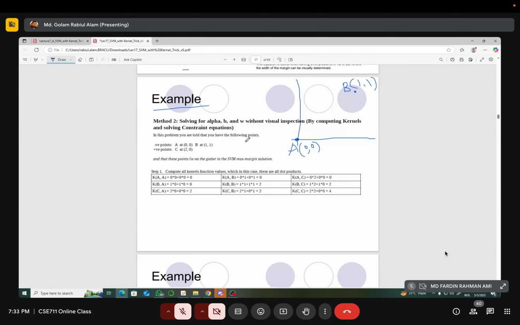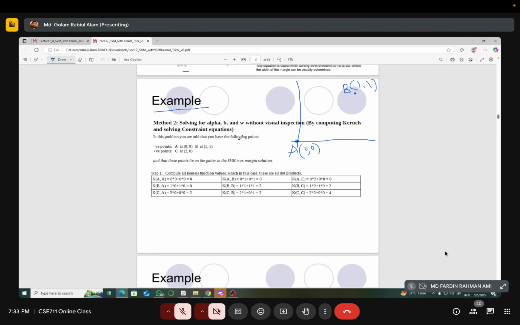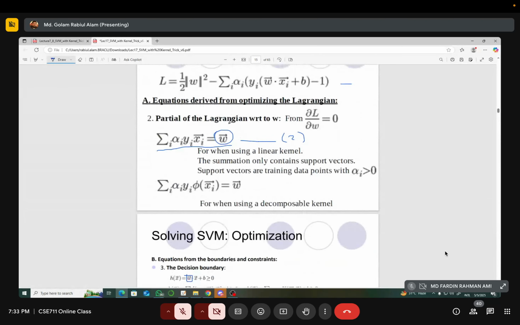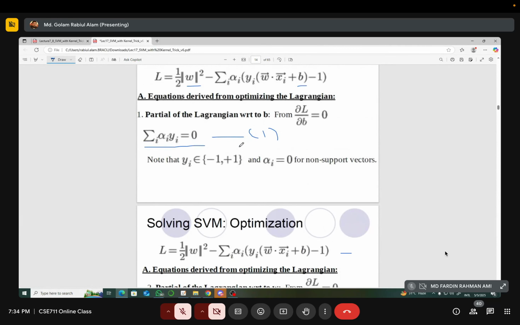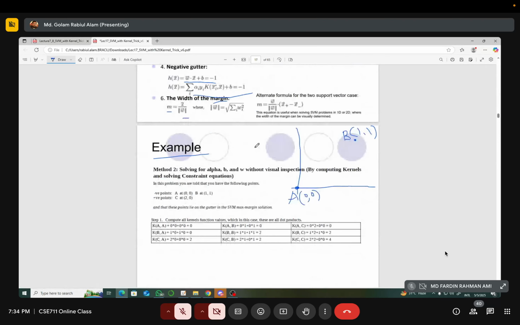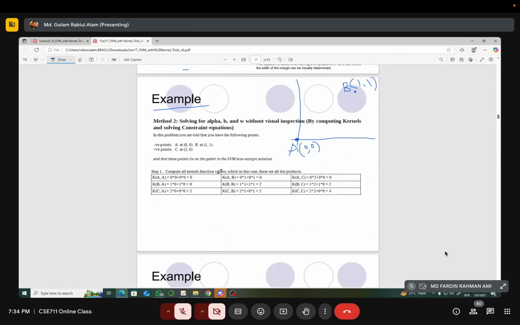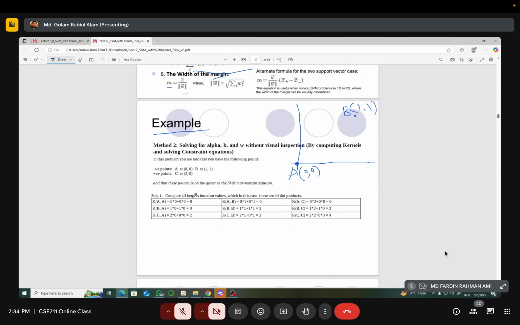So for that we will apply the equations we got from our Lagrange optimization solution. In step one, compute all kernel function values, which in this case are all dot products.